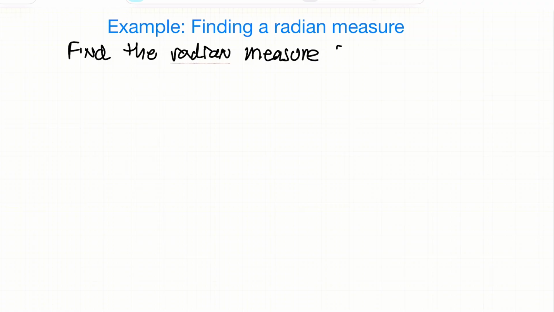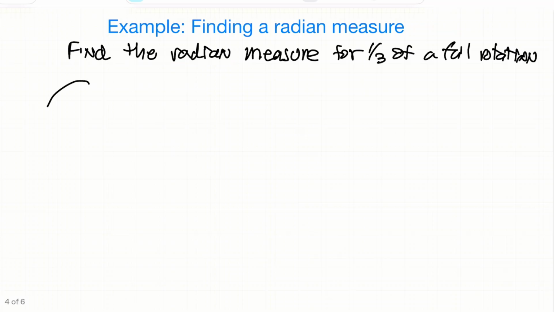Now let's look at an example. Let's find the radian measure for 1/3 of a full rotation. So for a full circle, here's our circle.